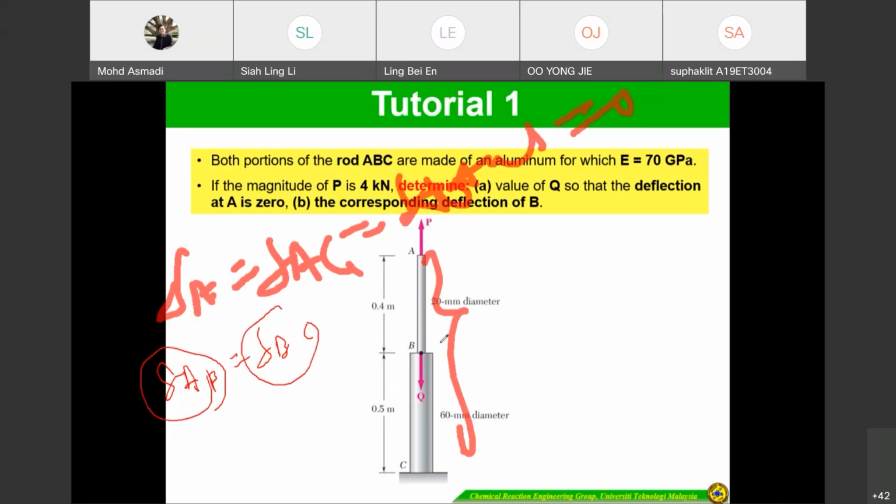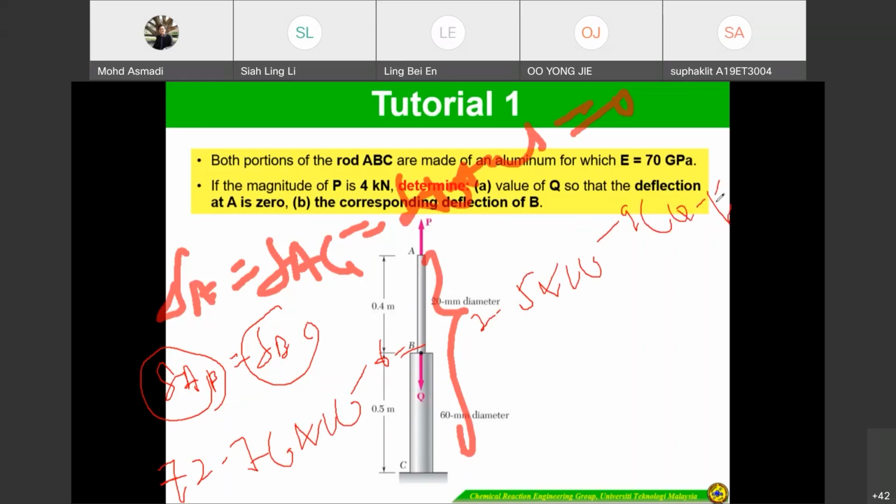If you look at here, AB is equal to 72.176 times negative 6, equal to 2.5 times negative 9Q minus P. So you can get Q minus P equal to 28.8 kilonewtons. This is equation number 3.